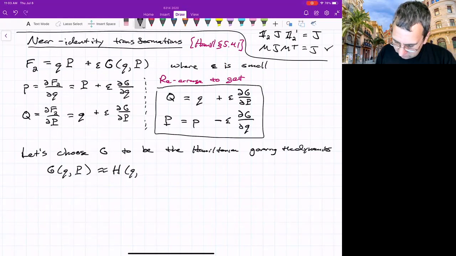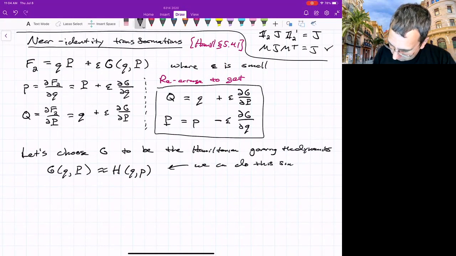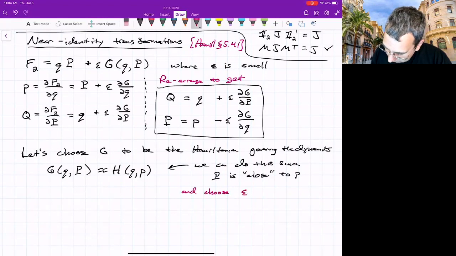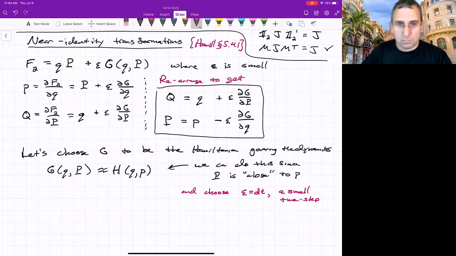You might say, how can we do that? We can do this because it's near identity; we can do this since big P is close to little p. So whatever our original Hamiltonian was. You might say, what do we use for epsilon? A natural thing might be a time step, a small time step, as we're going to be stepping forward in time.